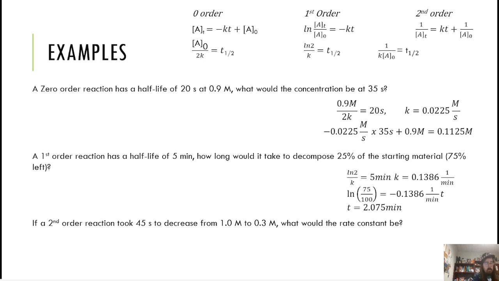And the last question for this, just showing all the examples of these equations. If a reaction took 45 seconds to decrease from 1 molar to 0.3 molar, what is the rate constant? 1 M to 0.3 M. We have 1 over a sub t equals kt plus 1 over a sub 0.